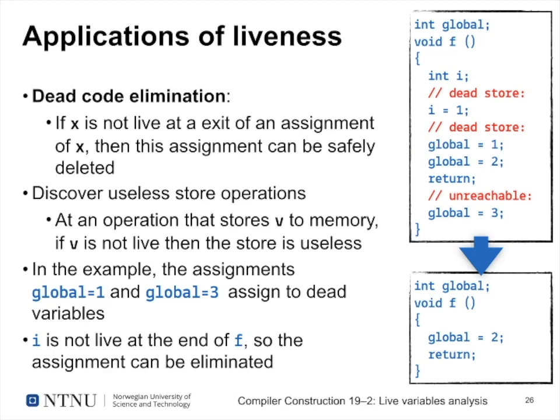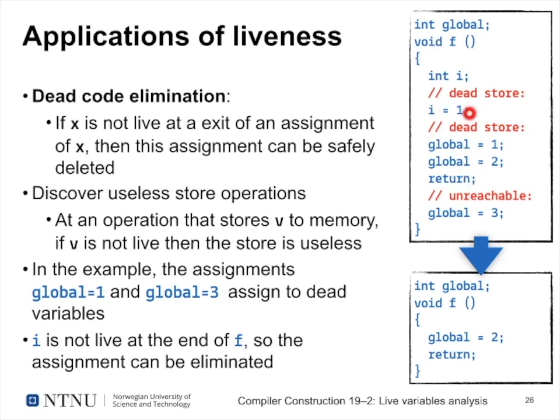The same happens with the assignment here, because we're always executing a return before, so our third assignment is unreachable. So we can skip this one, and we can skip that one here. The third case is a bit more interesting, because the range of our local variable I ends at the end of function f. We are not using the value of I, which we've assigned 1 to, anywhere, and it's no longer available after we return from the function.